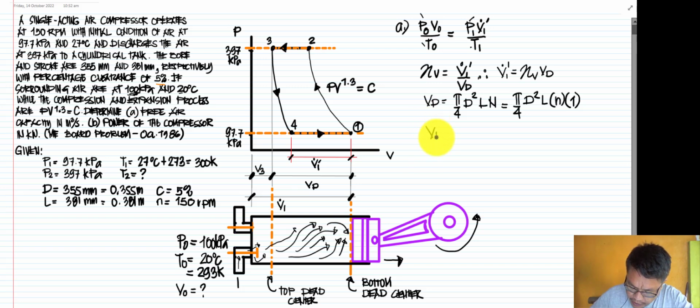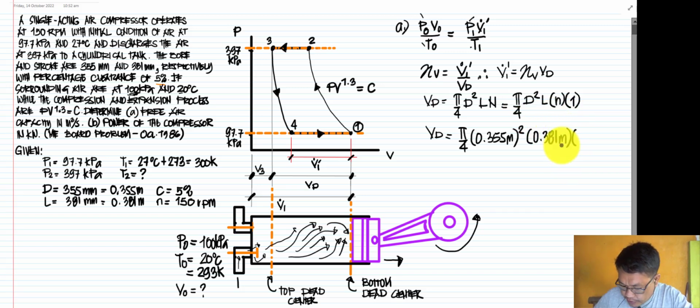So we have your VD, so that will be pi over 4 times the diameter, that will be 0.355. So that is the unit of meter. So I'm gonna raise this one to squared, then multiply this one by your length of stroke, so that will be 0.381 meter, no?